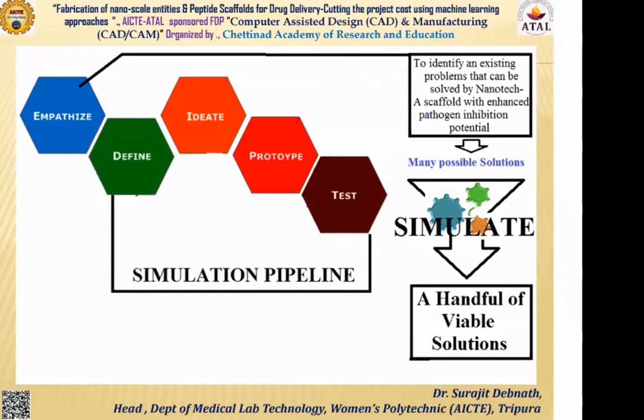Interestingly, I should say that from define to test, these four steps we did through simulations. So we have reduced the cost of our wet lab experiments in a substantial way, and therefore, within a limited budget also, we can move ahead with our plan.